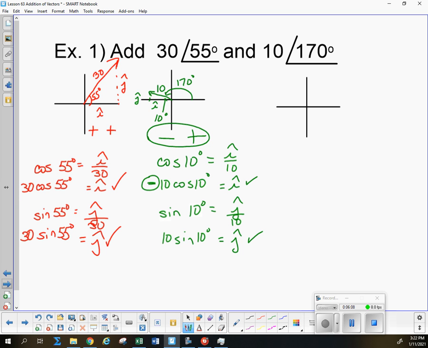So to add these vectors, my first ihat is 30 cosine 55 degrees, and my second ihat is negative 10 cosine 10 degrees. And those are my ihats.